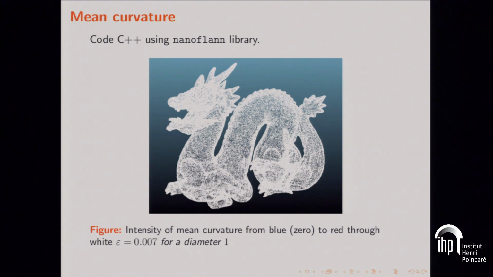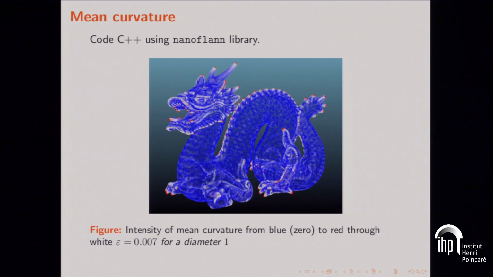But it must be around 50 points per ball, something like that. First compute the mean curvature vector. Here you have the intensity of the mean curvature vector, from very low mean curvature, blue, through very high mean curvature, red.